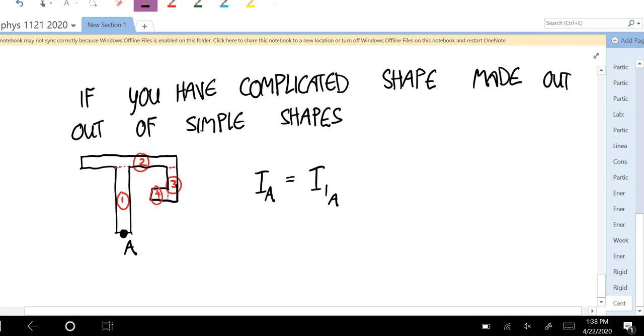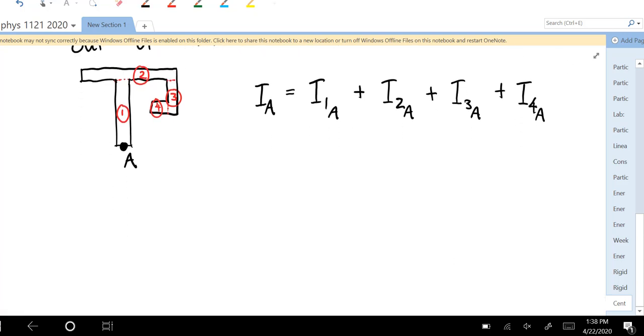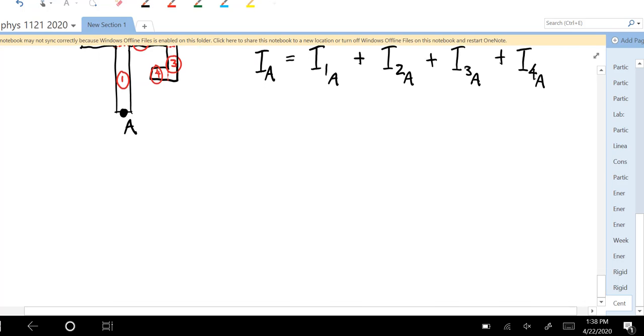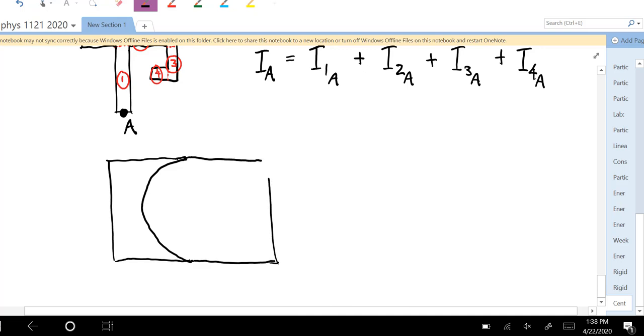So mass moment of inertia of rectangle 1 about A, so you're going to have to use the parallel axis theorem for these, plus mass moment of inertia of 2 about A, plus mass moment of inertia of 3 about A, plus the mass moment of inertia of 4 about A. And you can do this with subtraction too, like if you have a shape like this, where this is the solid part.